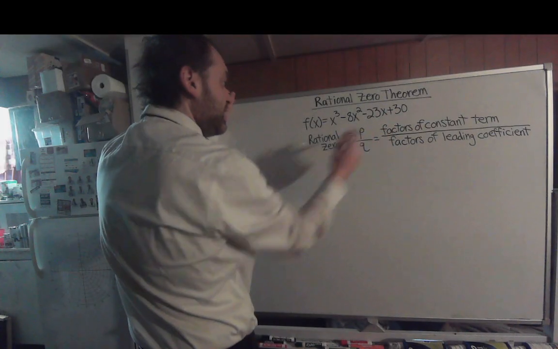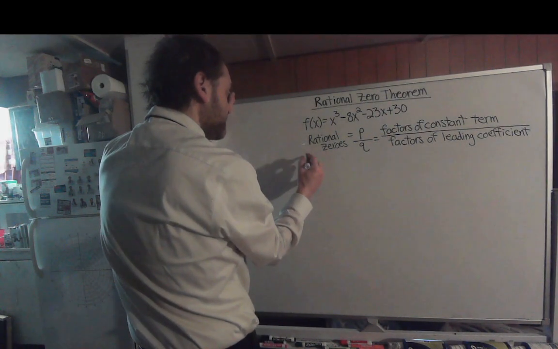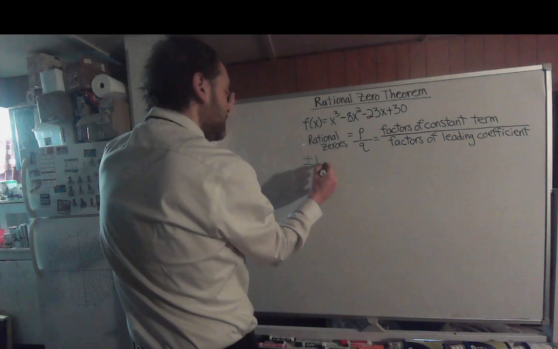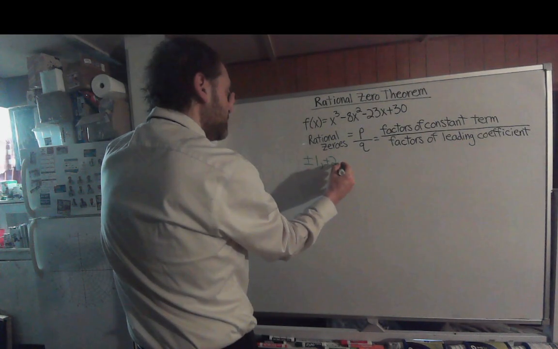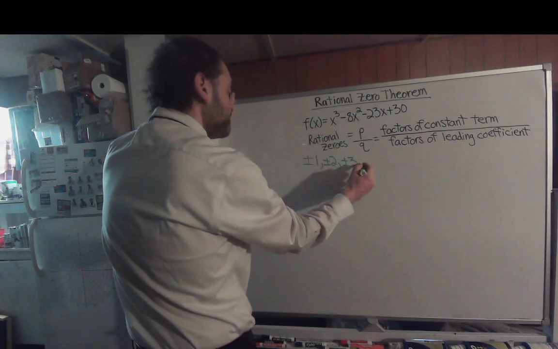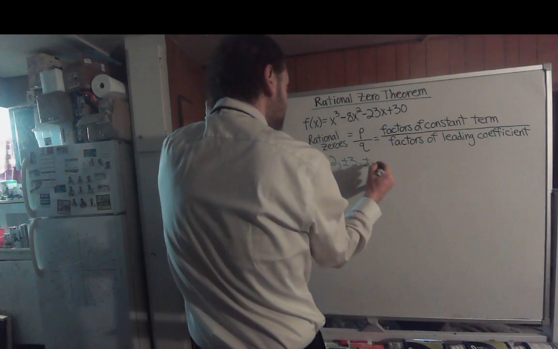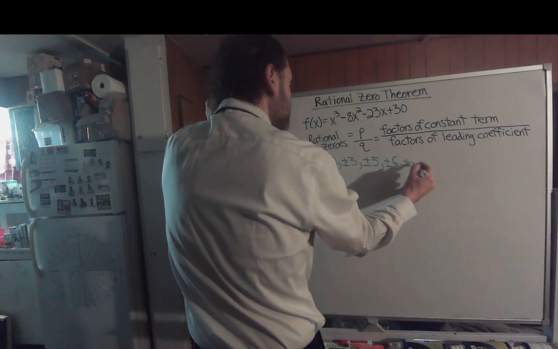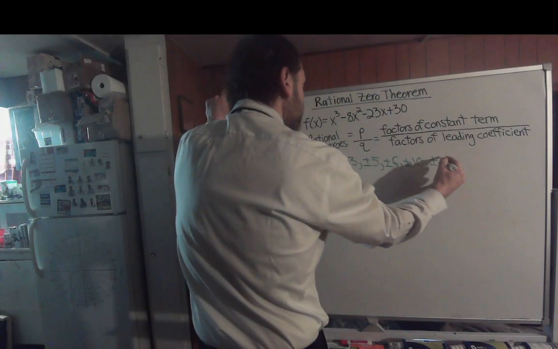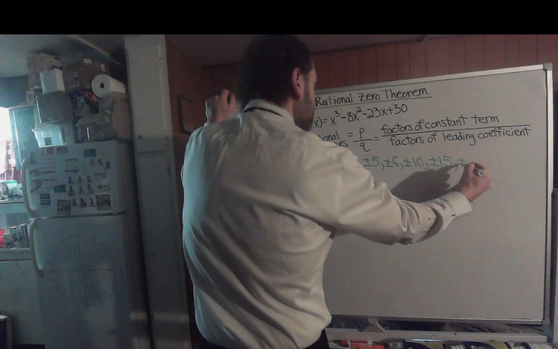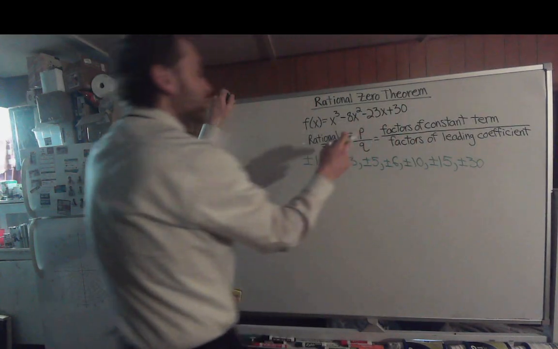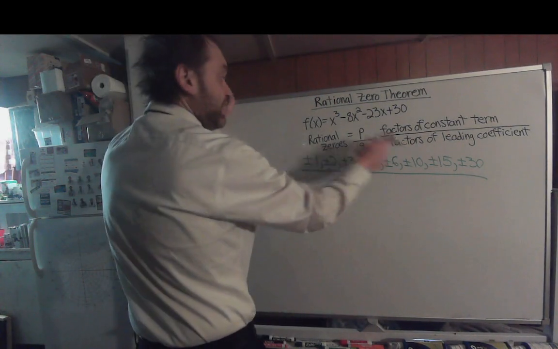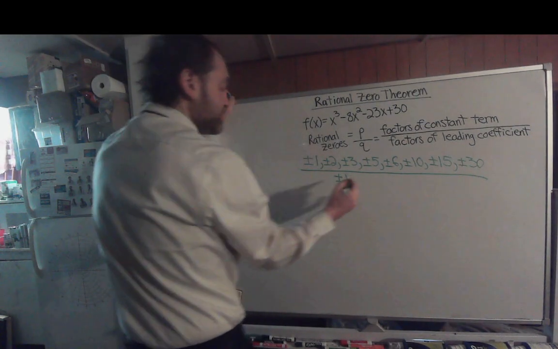In this case, your constant term is 30. So let's come up with some factors of 30, right? Of course, you have plus and minus 1, plus and minus 2, plus and minus 3, plus and minus 5, plus and minus 6, plus and minus 10, plus and minus 15, and then plus and minus 30. Those are all factors of your constant term, divided by factors of your leading coefficient, which is just 1, plus and minus 1.